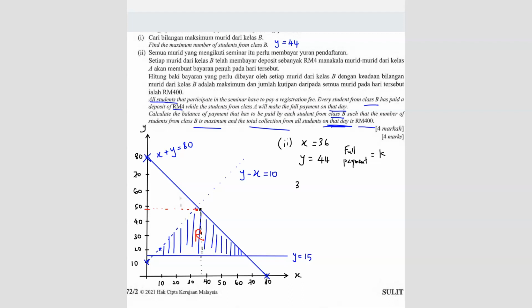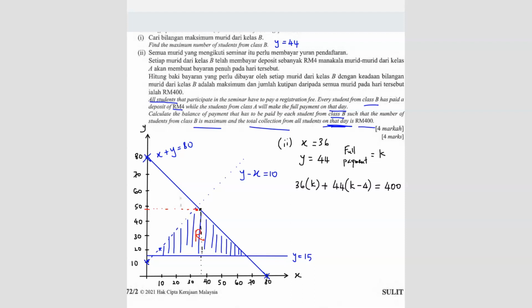So 36 students from class A are going to pay K, the full payment. So they pay 36 times K. Plus, students from class B are 44, right? But are they going to pay the maximum? No, because they have already paid 4 ringgit. So the full payment must minus 4 ringgit, multiplied by 44 students. So the total amount on that day will be 400.